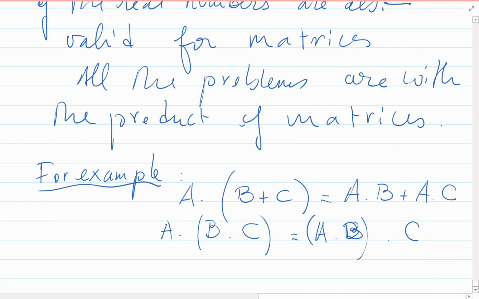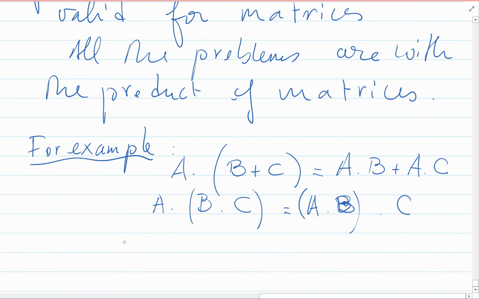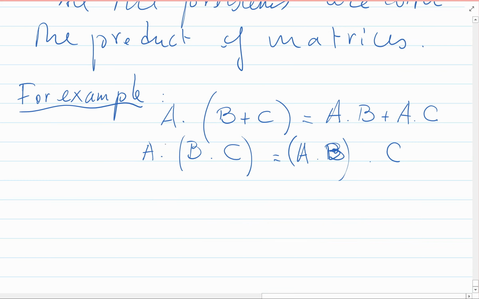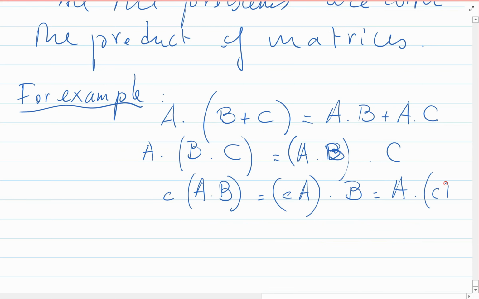What about if I multiply by a constant? A constant c times (A times B) is the same as (c times A) times B, or A times (c times B), where c is a constant.